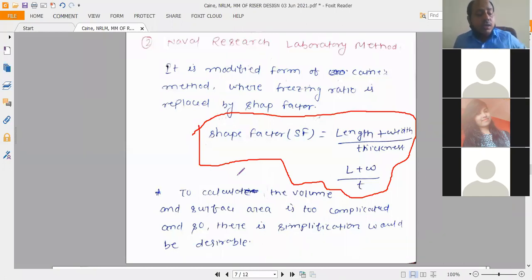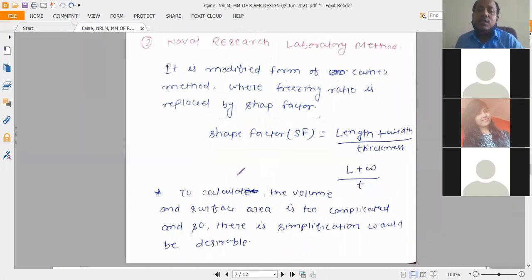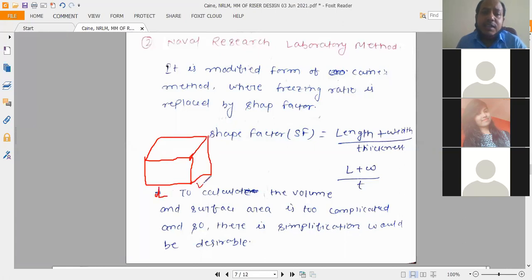Then let us look at how the shape factor of the casting can be calculated. First, the Naval Research Laboratory method says that if the casting is of cubical or some other shape, and the length, width and height are given, then L is the length, W is the width, and T is the thickness or the height of the casting.